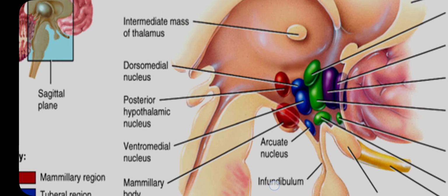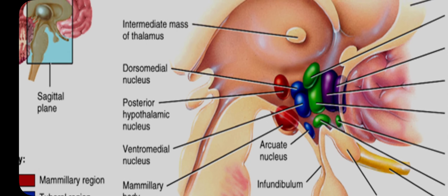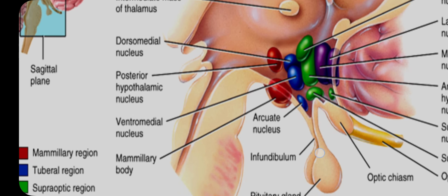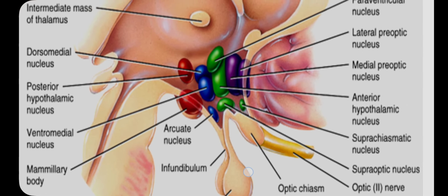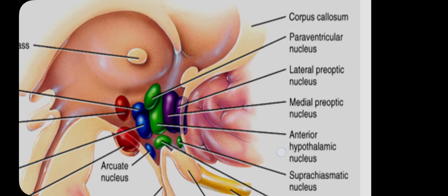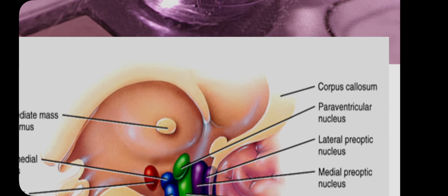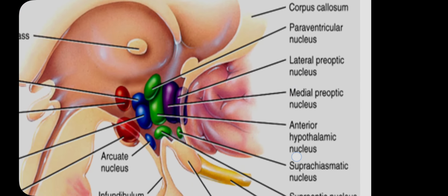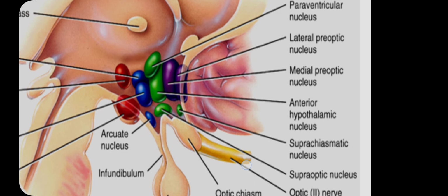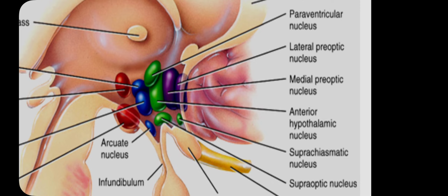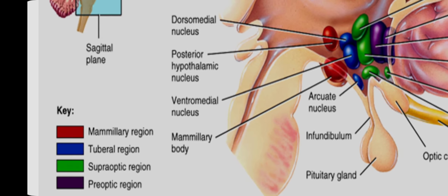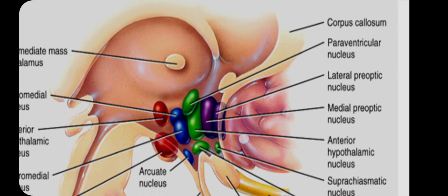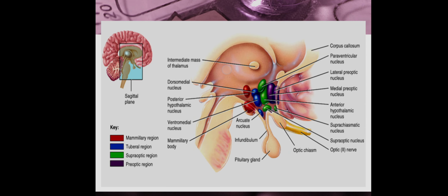The mammillary region is further divided into the posterior hypothalamic nucleus and the mammillary body. Whereas the preoptic region is divided into the lateral preoptic nucleus and the medial preoptic nucleus. So in this way, the different regions of the hypothalamus are divided into the different nuclei.